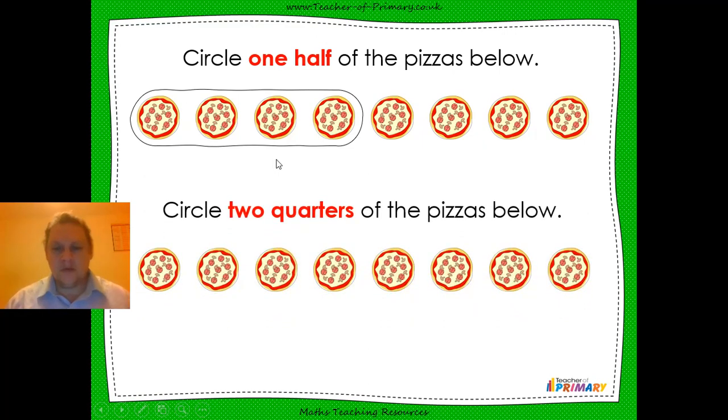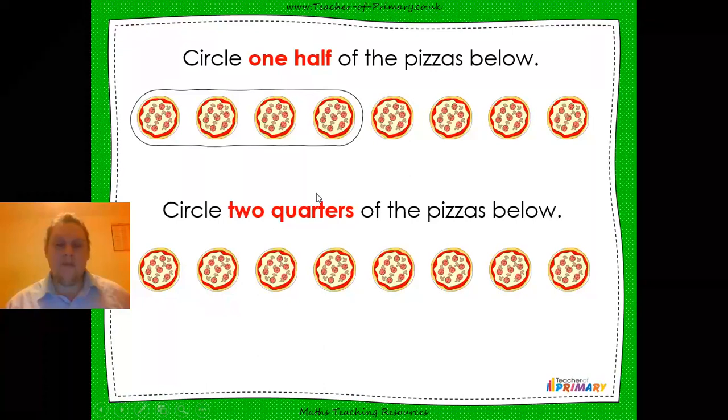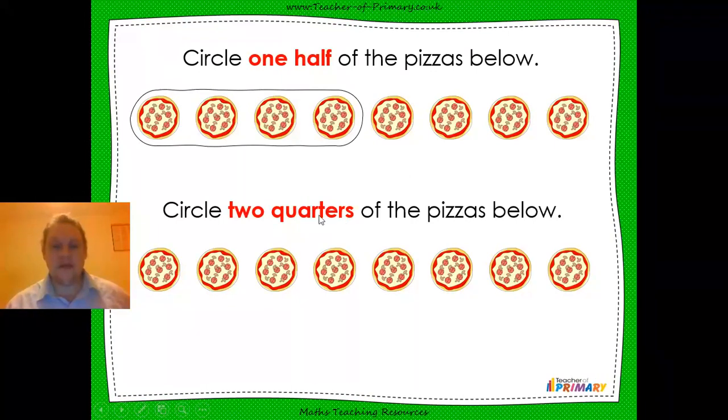Circle 2/4 of the pizza below. Now, we know that 2/4 is exactly the same as a half, isn't it? So without even thinking too much about it, we know that we've got to circle 1, 2, 3, 4 of these, because 2/4 is exactly the same as a half.